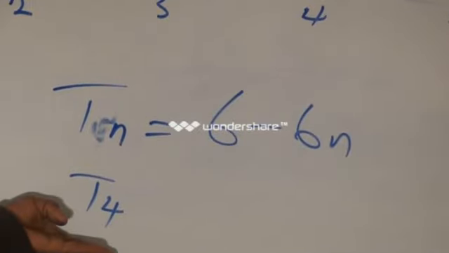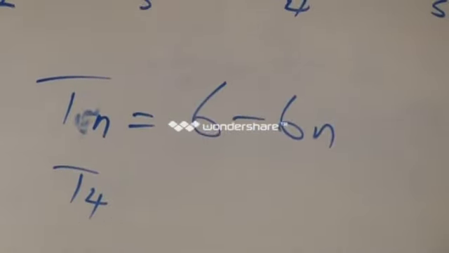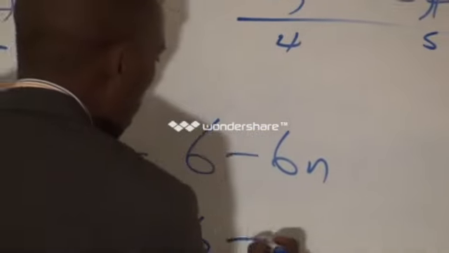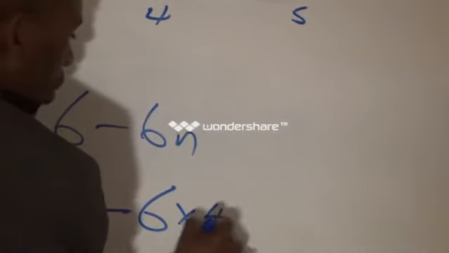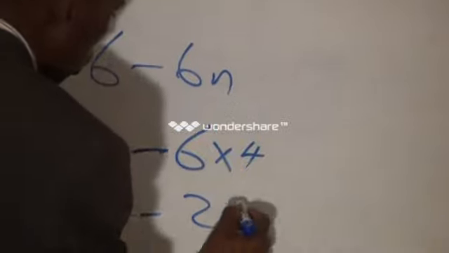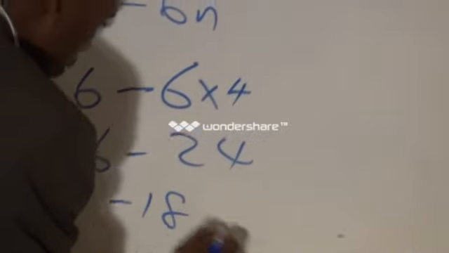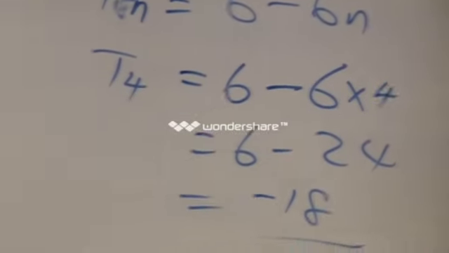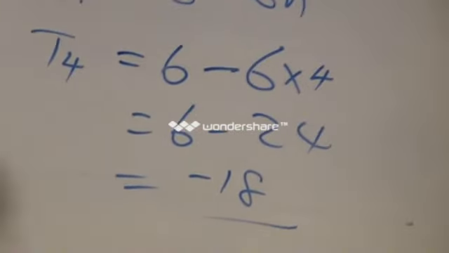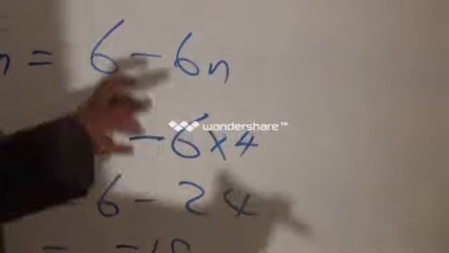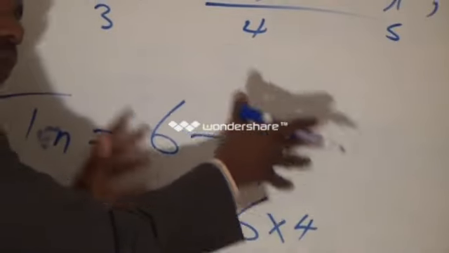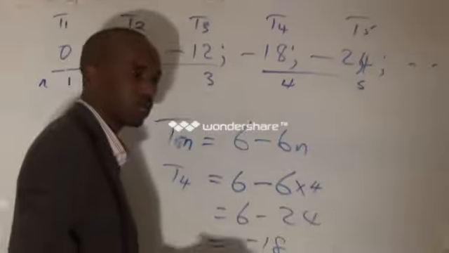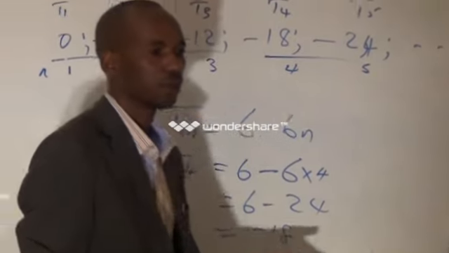So this will be equal to 6 minus 6 times 4, which will be equal to 6 minus 24, which is minus 18. Is our T4 equal to minus 18? It is. Good. So do we have confidence that this relationship represents our terms? Yes, we should.